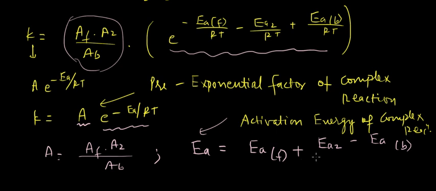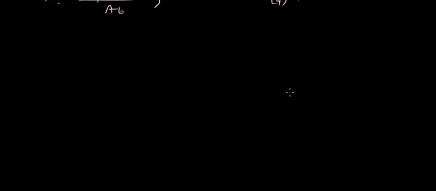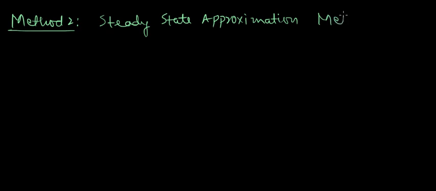Okay, next let us see method 2, which is the steady state approximation method for the same reaction. So suppose we have the equation like NO plus NO getting converted into N2O2.